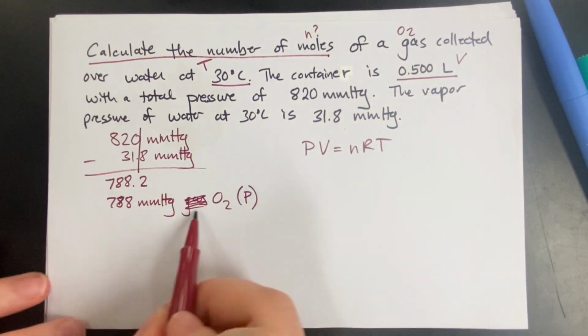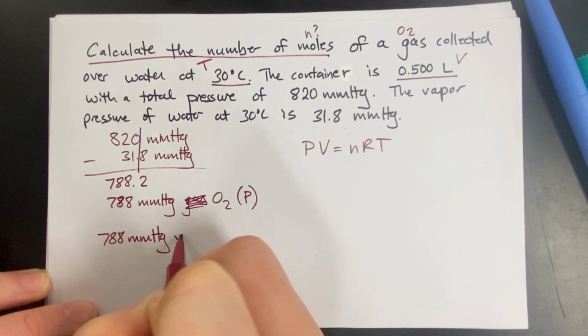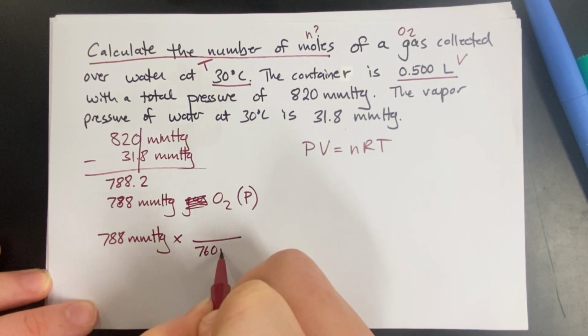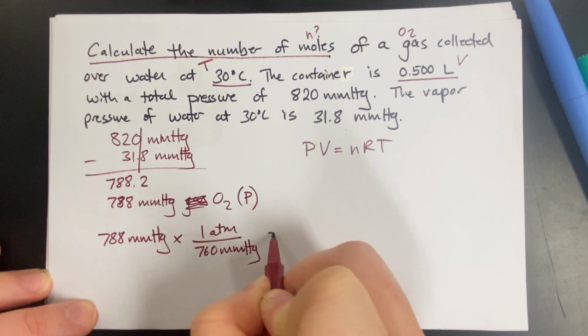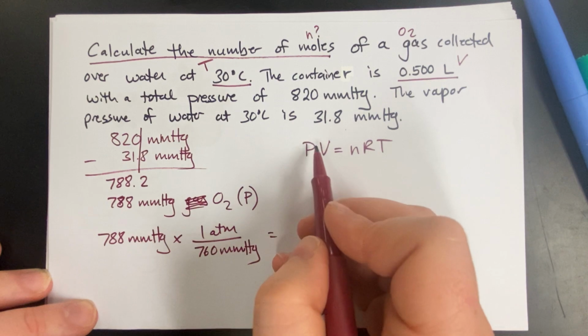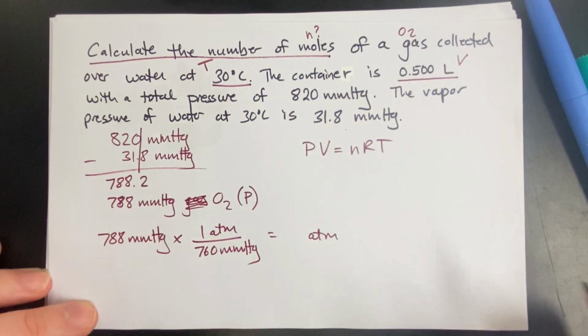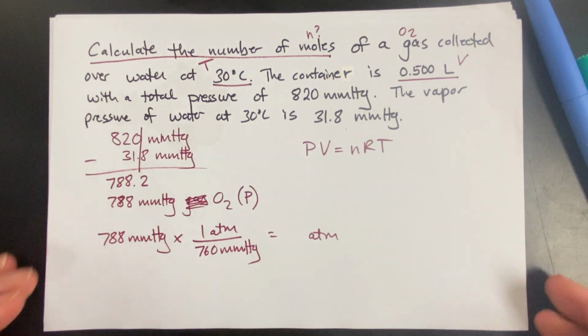Don't forget to convert this first, so you go 788 times, there's 760 millimeters of mercury in 1 atm. So basically divide by 760, and that gives you atm. That's what you put in there for pressure. Okay, pressure must be in atm. I'm gonna leave that up for you guys. You go ahead and solve that on your own time, or you can pause now and solve and compare answers.